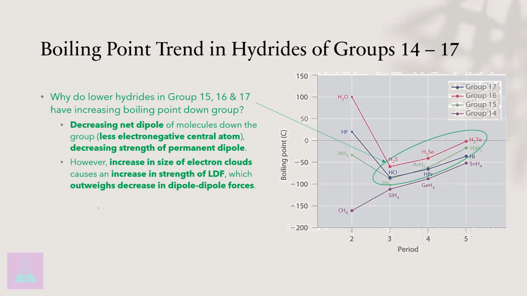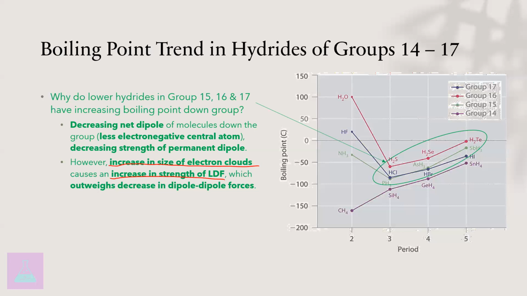But there is an increase in the size of the electron cloud because there are more and more electrons down the group. So there will be an increase in the strength of London dispersion forces while the dipole-dipole forces are dropping. On one hand, you have decreasing dipole-dipole forces. On the other hand, you have increasing London dispersion forces.